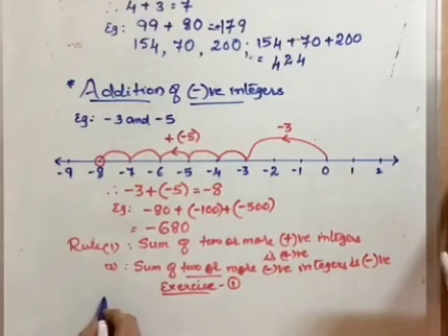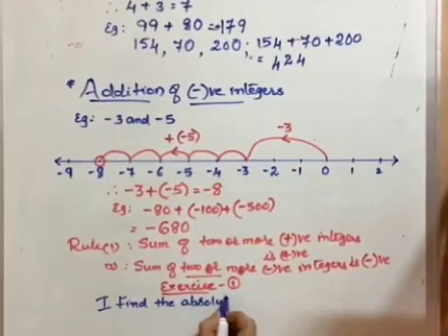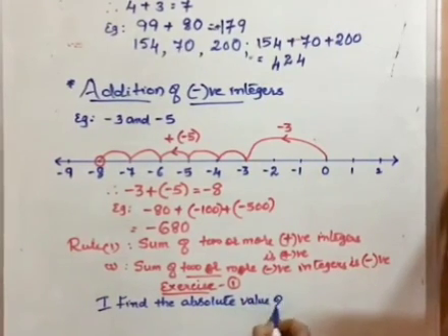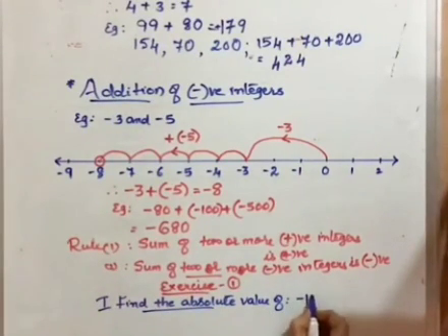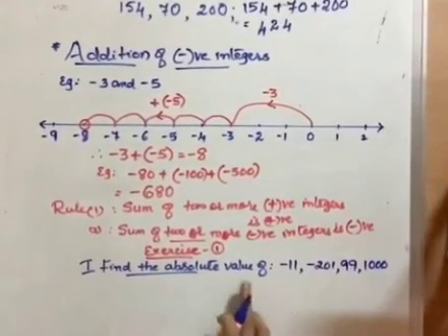Find the absolute value of minus 11, minus 201, 99,000. Please find the absolute value of these.